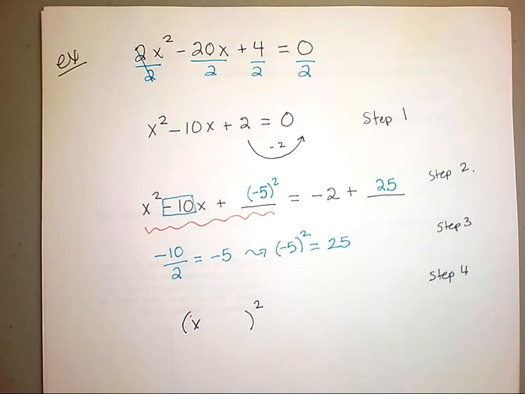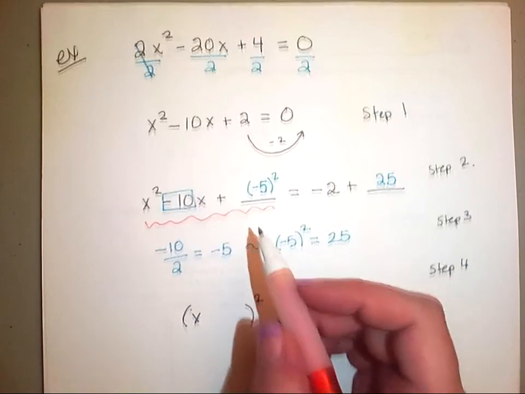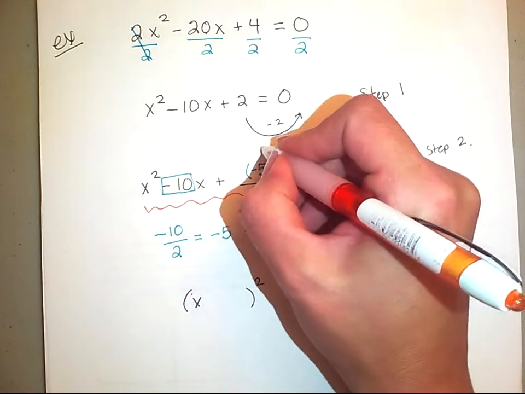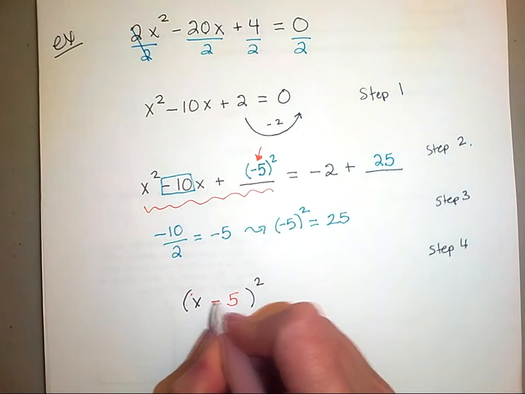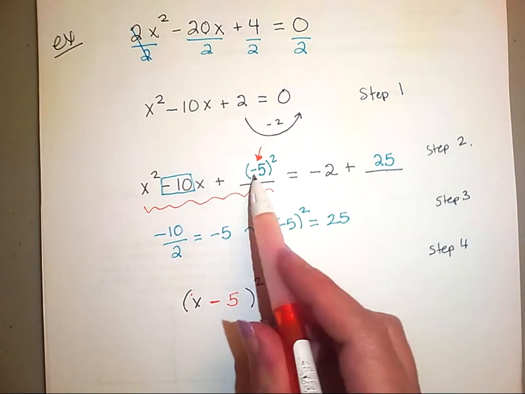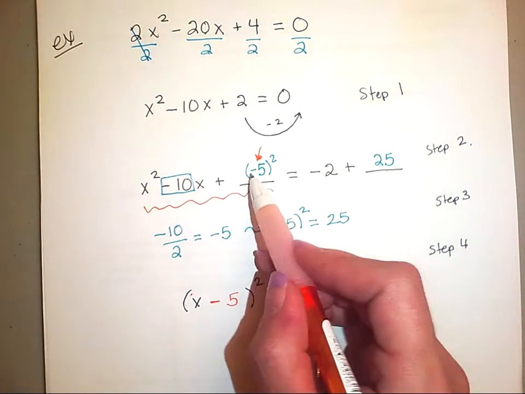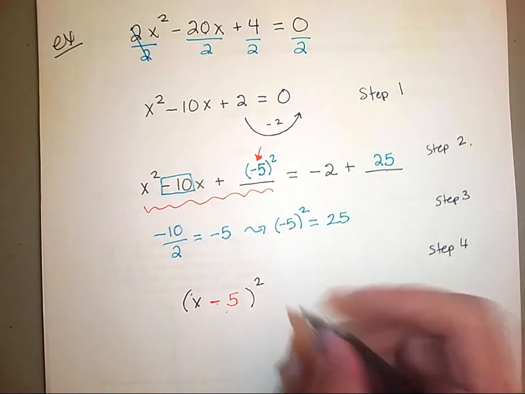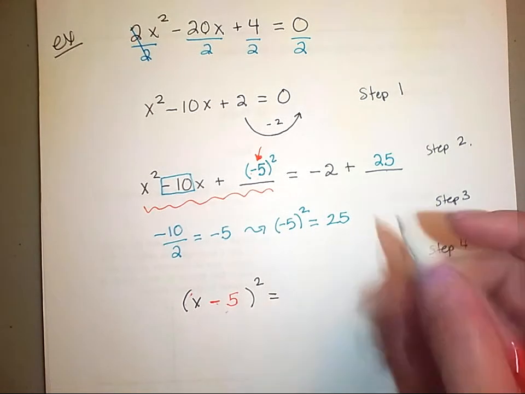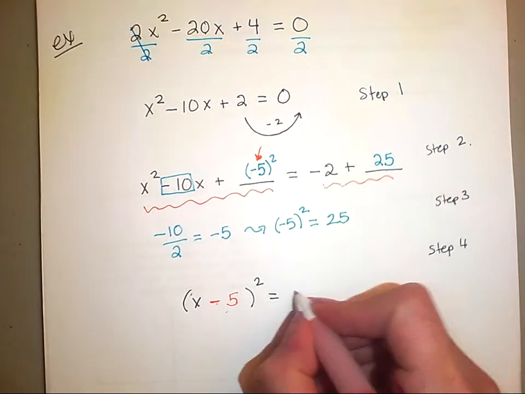The reason why I write it like this is because what's inside of here that is squared is what we write here. So that negative 5 becomes minus 5. That's why I like to do that. And then that will equal negative 2 plus 25, which is 23.